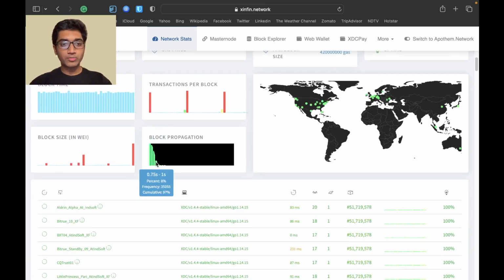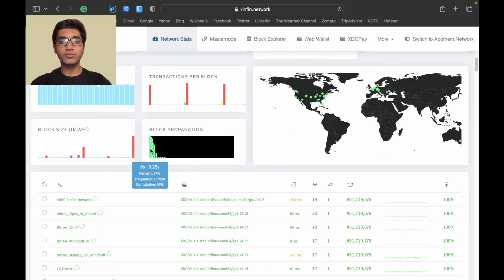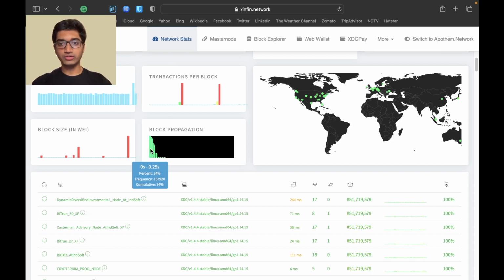Finally, block propagation shows the amount of time in seconds needed for the block to propagate across the network. So you can see in the first 250 milliseconds, 34% of all of the full nodes on the XDC blockchain have received a new block which has been created. And in the next 250 milliseconds, 66% of them have.